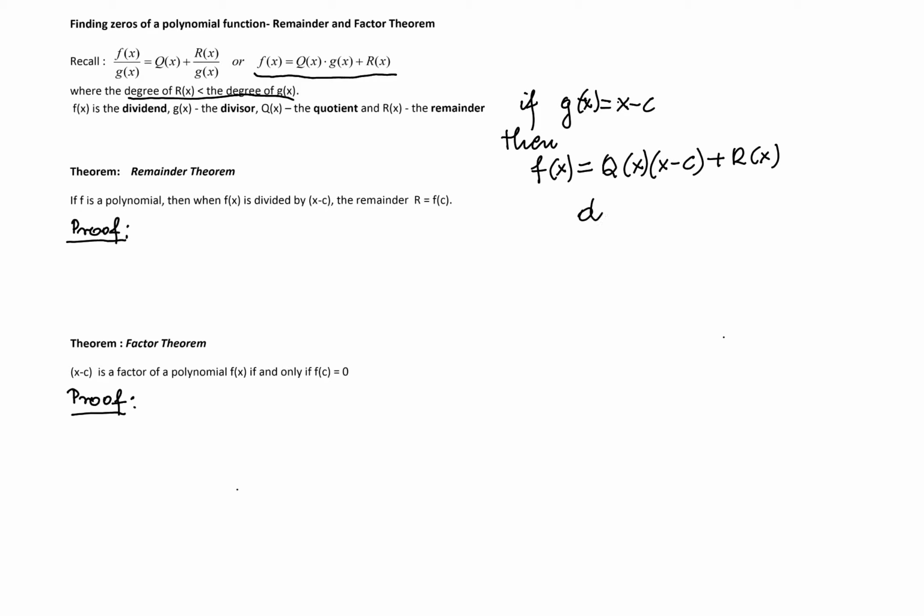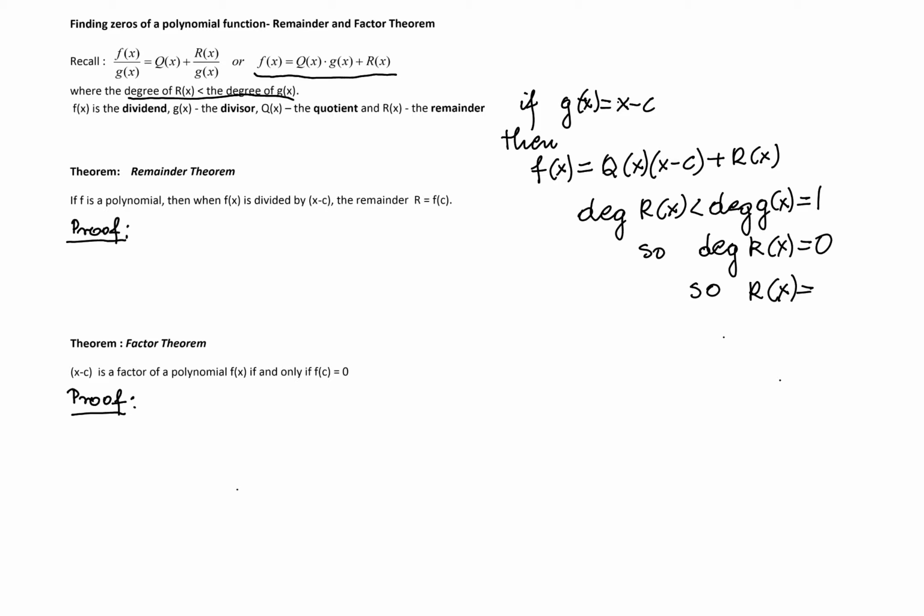However, the degree of r of x is always less than the degree of g of x, but the degree of g of x is simply 1. So that means that the degree of r of x has to be 0, and that means that r of x is a constant, and therefore we'll just skip the x and just write r.